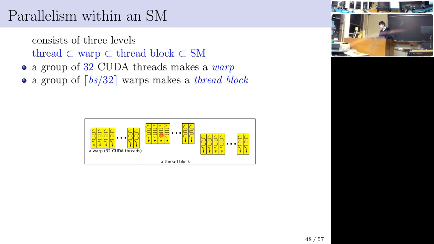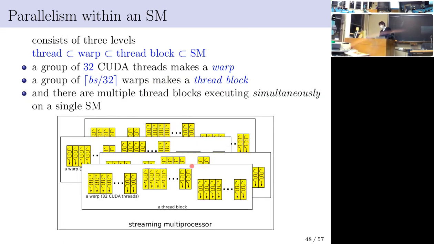So this is what a thread block looks like: it has some number of warps inside. And it's not that a single streaming multiprocessor is able to execute only a single thread block at a time. It is actually able to execute multiple thread blocks simultaneously.